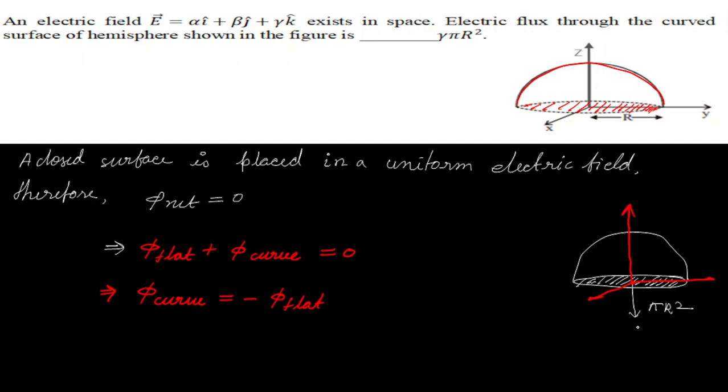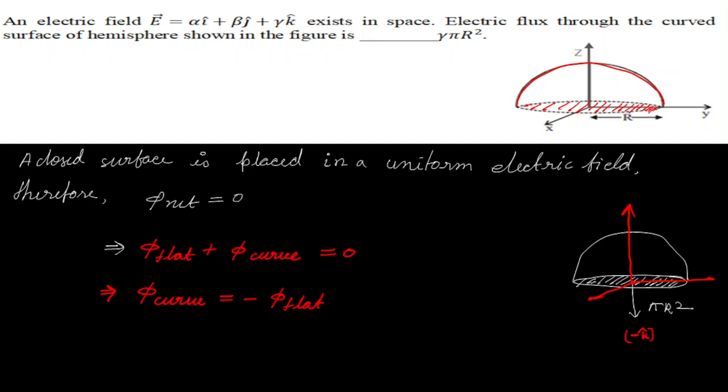So downward will be minus k cap. So we have an area vector of the flat surface, that is pi r square minus k cap, and we have a uniform electric field alpha i cap, beta j cap, and gamma k cap.